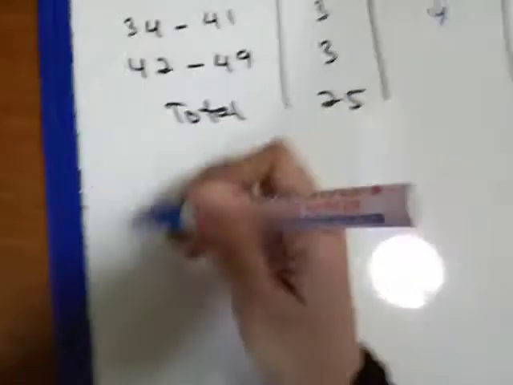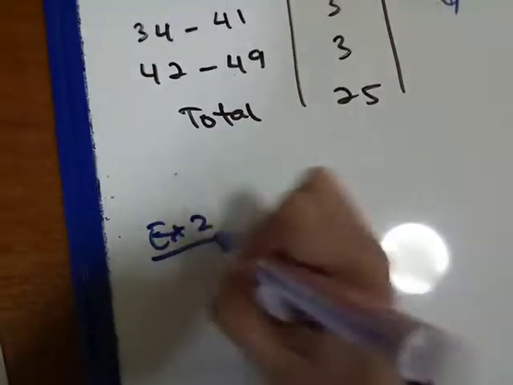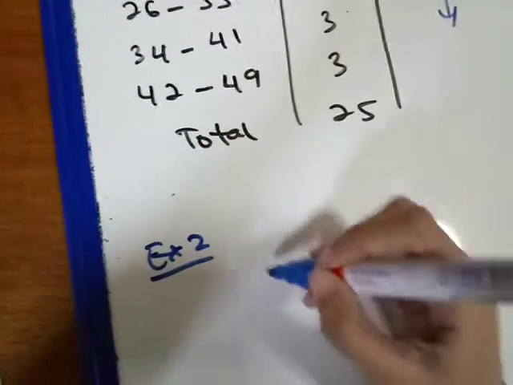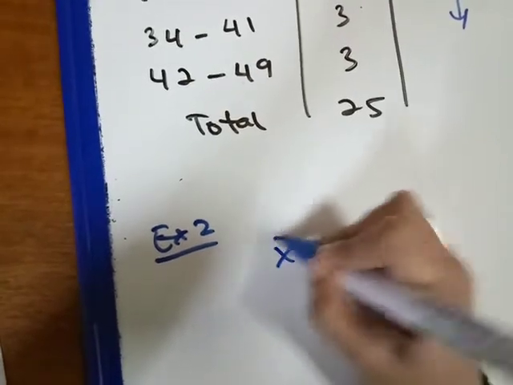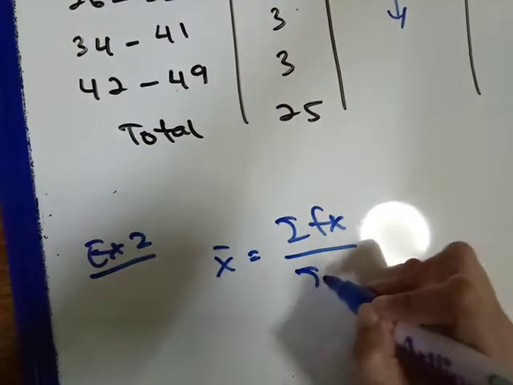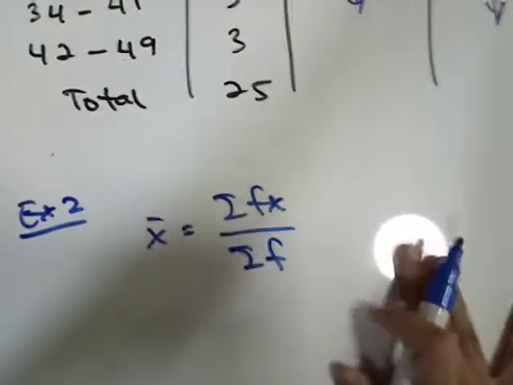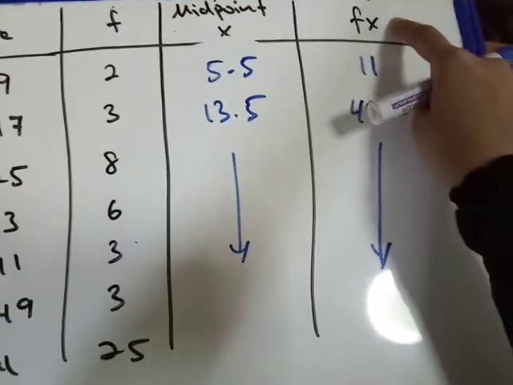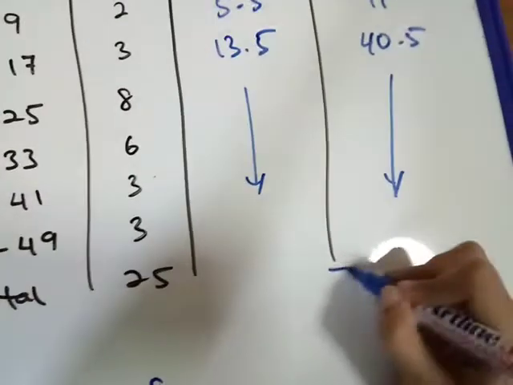Alright, and then apa formula dia? Formula to calculate mean for group data, X bar equals to total Fx divided by total F. Okay, yang awak calculate ni Fx. Kita nak total dia. So total dia kat bawah dia ni.